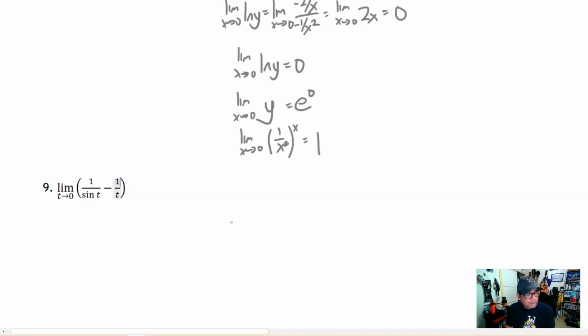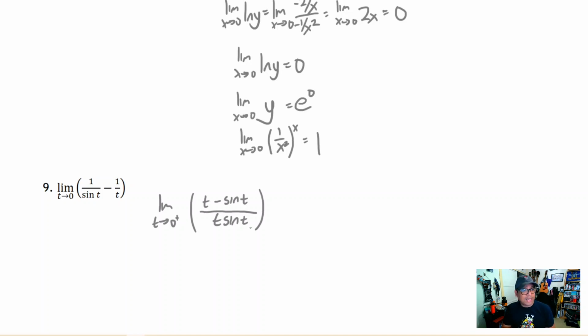The first thing to do here is to turn this into a ratio, so we can use L'Hopital's rule. Infinity minus infinity is one of those disguised indeterminate forms. So with the common denominator, we see that the limit as t approaches 0 from the right, and I'm going to do one-sided limits here, we're going to get t minus sine t over t sine t.